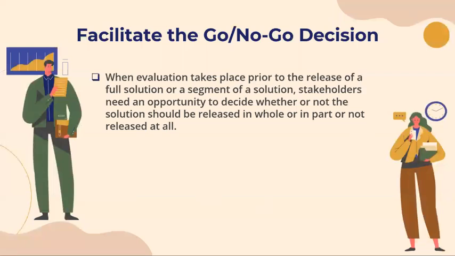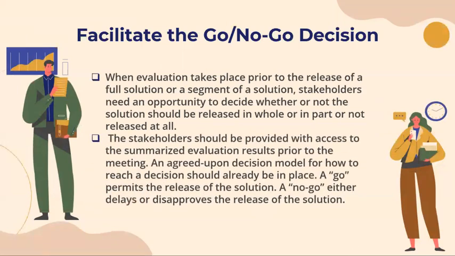Stakeholders should be provided with access to the summarized evaluation results prior to the meeting. An agreed upon decision model for how to reach a decision should already be in place. A go permits the release of the solution, and a no-go either delays or disapproves the release.